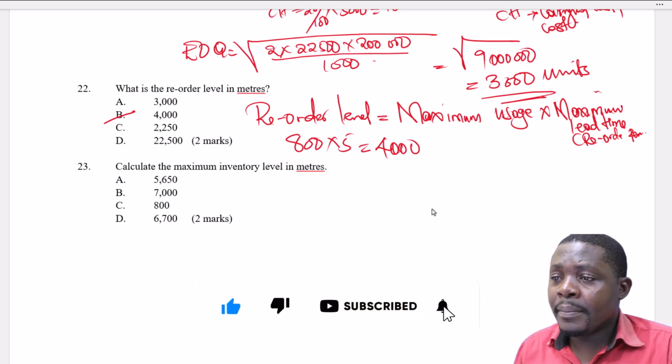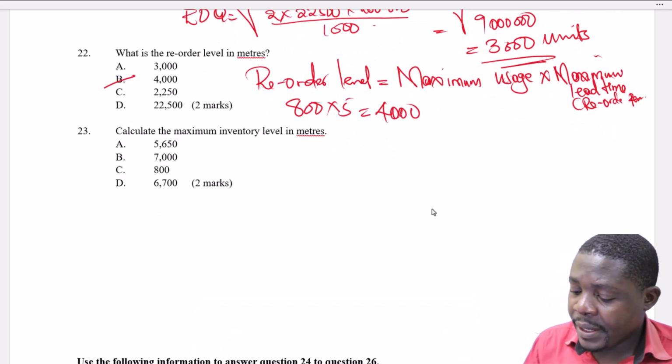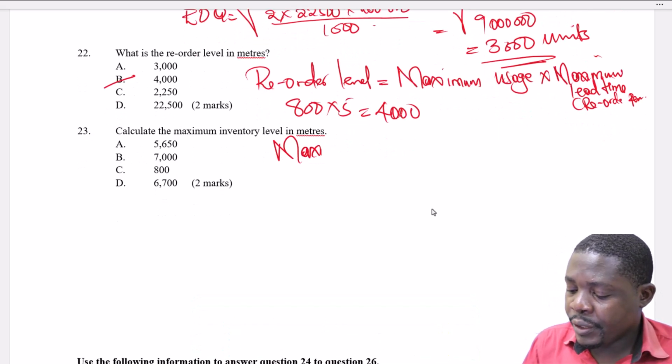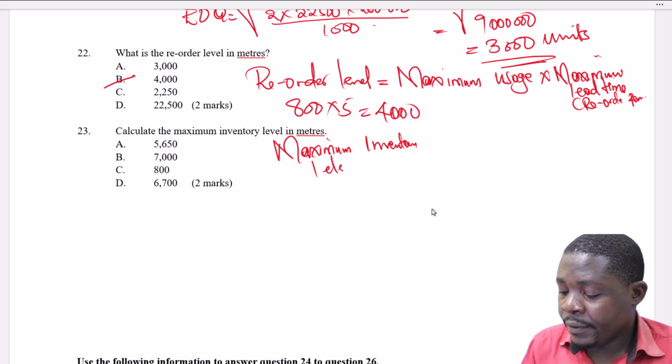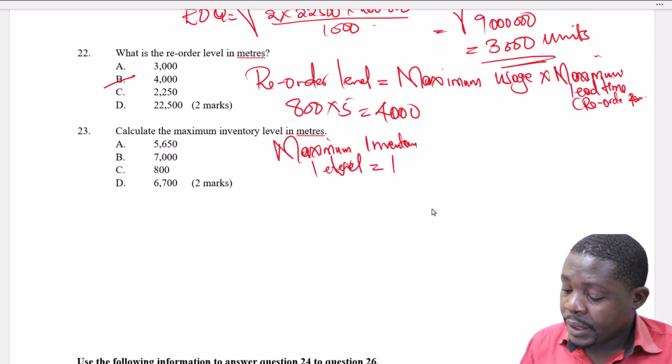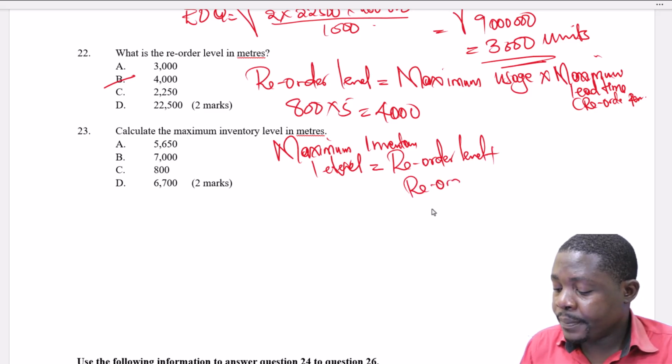Then calculate the maximum inventory level. Maximum inventory level is equal to reorder level plus reorder quantity.